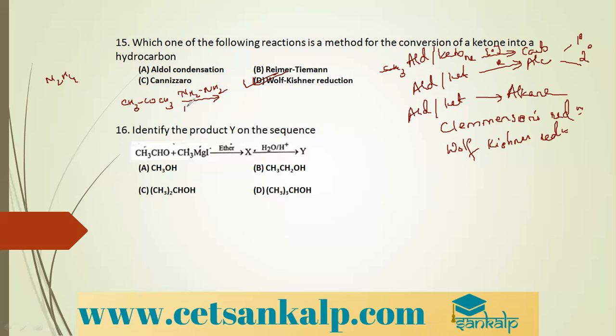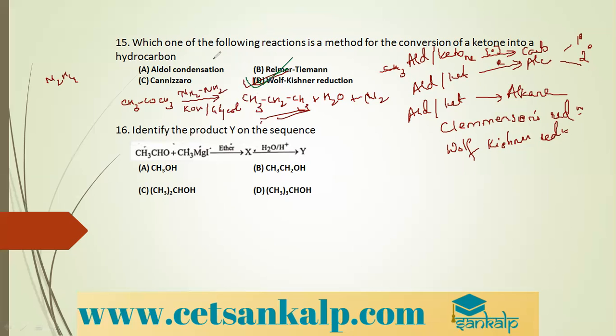We get CH2, CH3, plus N2. Here we are getting the corresponding alkane. So the correct option is Wolff-Kishner reduction. Moving to the next question.